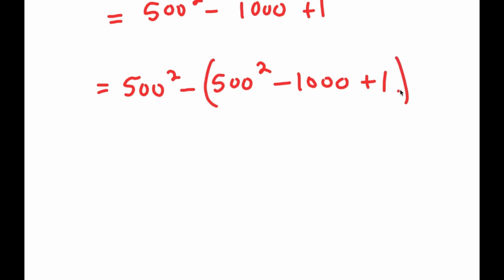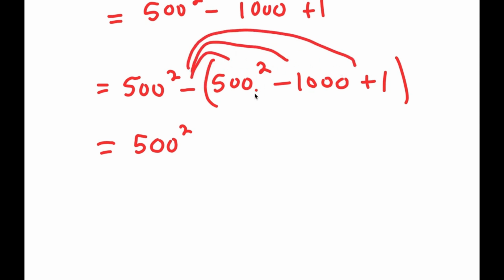And this is all in parentheses, by the way. So now this is equal to 500 squared. And now we're going to distribute the negative sign. So if I distribute the negative sign, that's basically like multiplying these terms by negative 1.